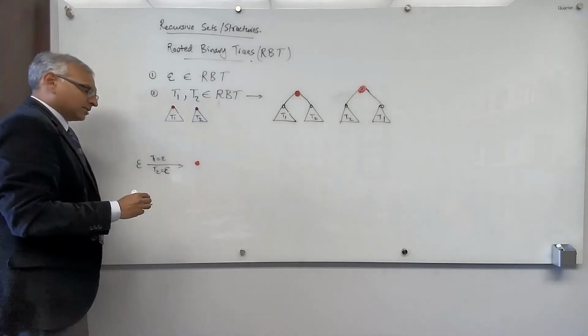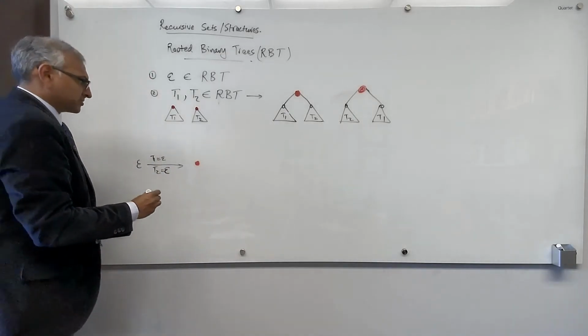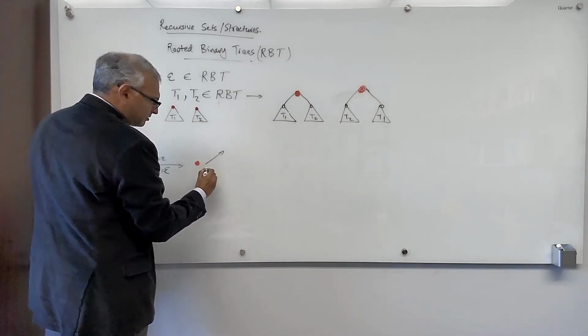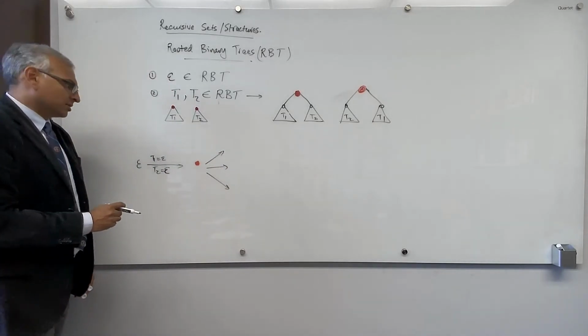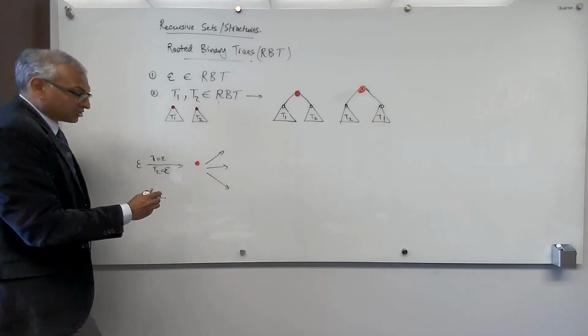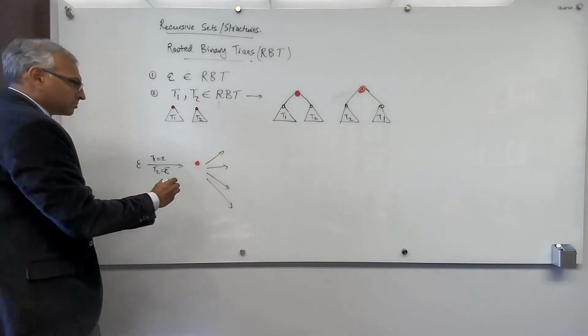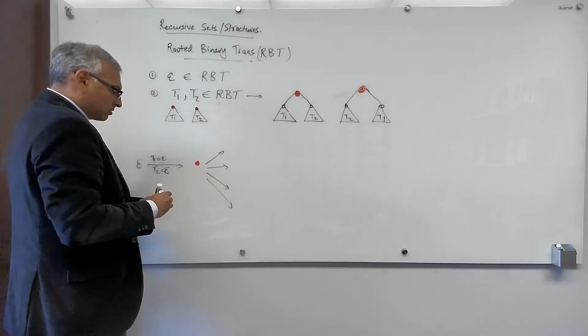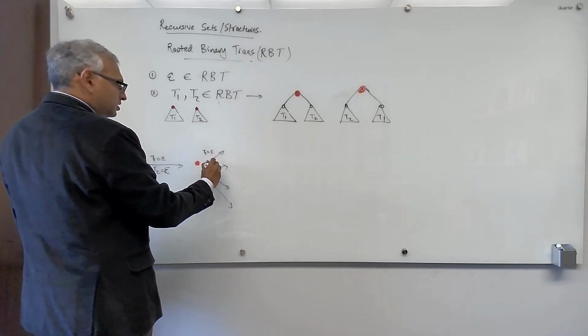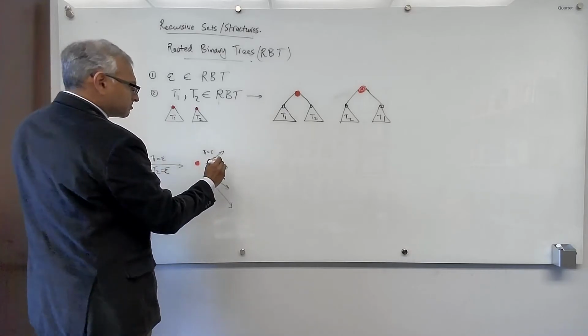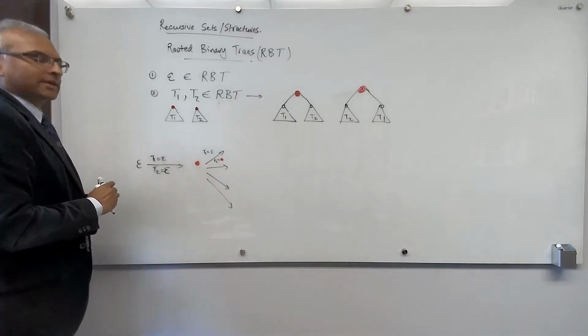Actually, I can now construct new trees, and this is where things get interesting. Now I can set T1 equals epsilon, T2 equals my root. What do I get?